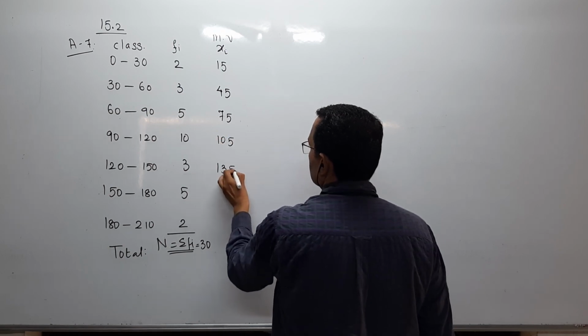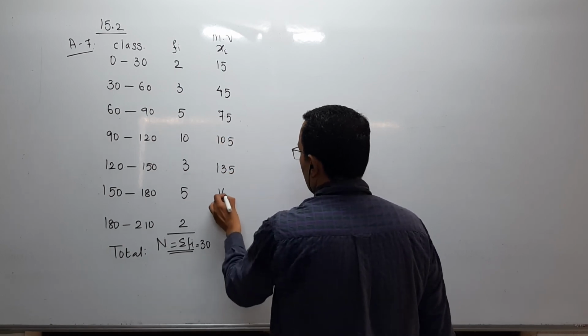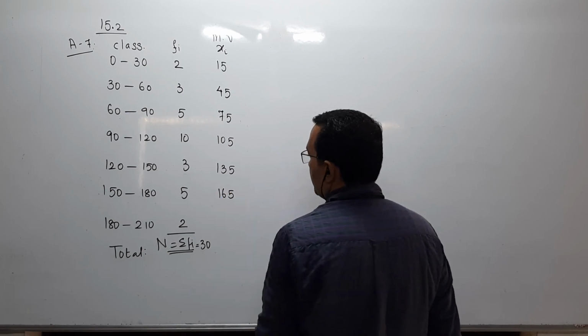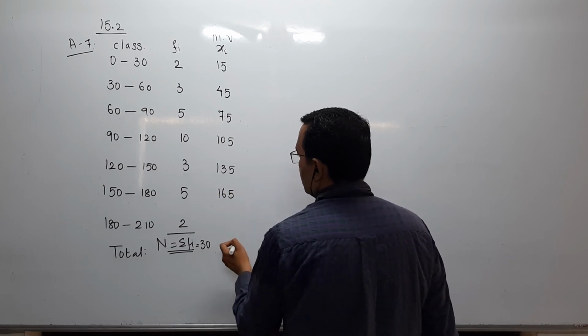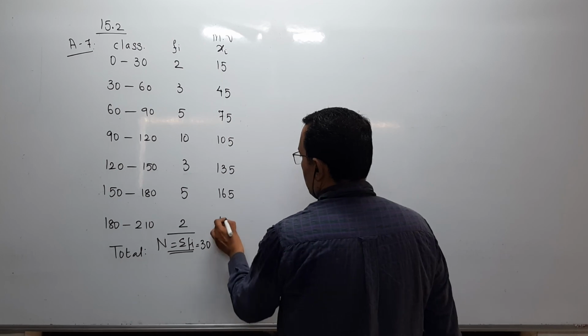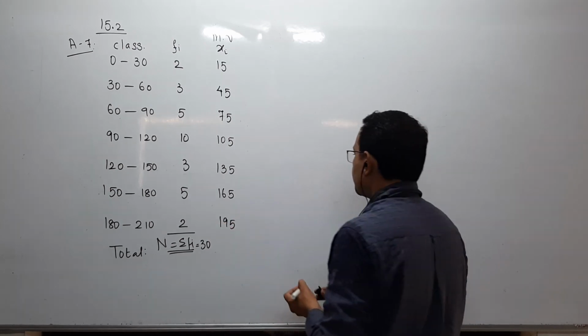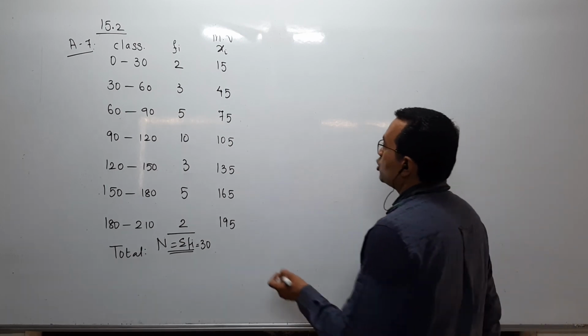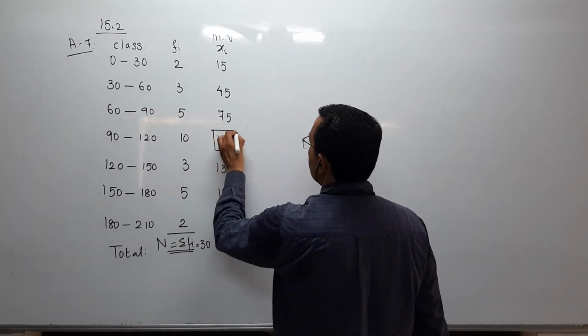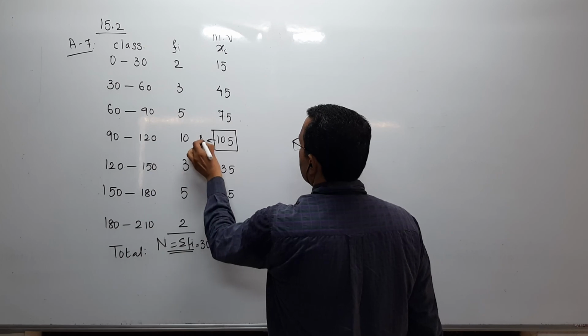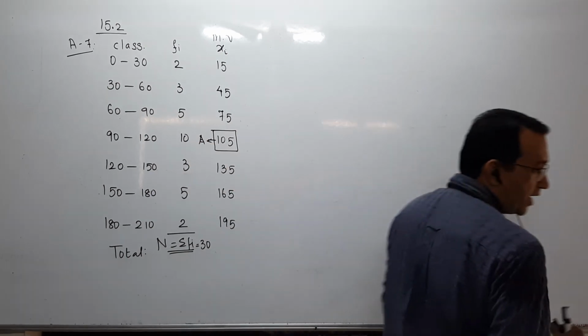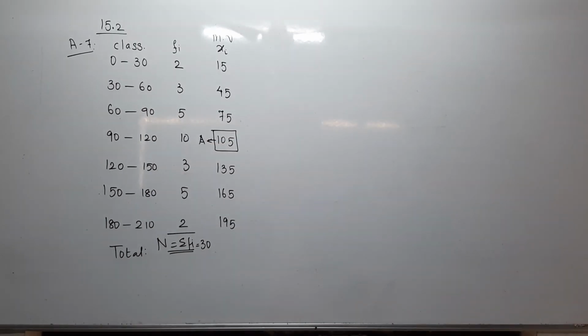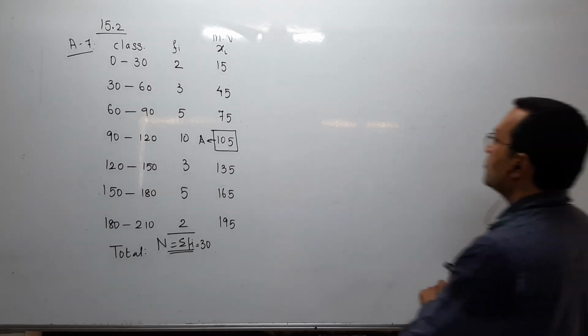Then 135. 165. And then 195. So these are the respective values where our assumed mean will be taken as 105.